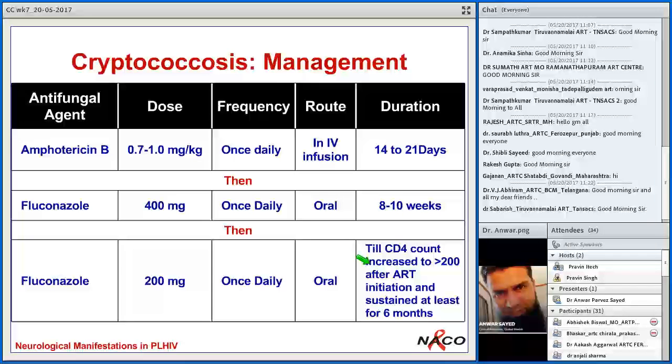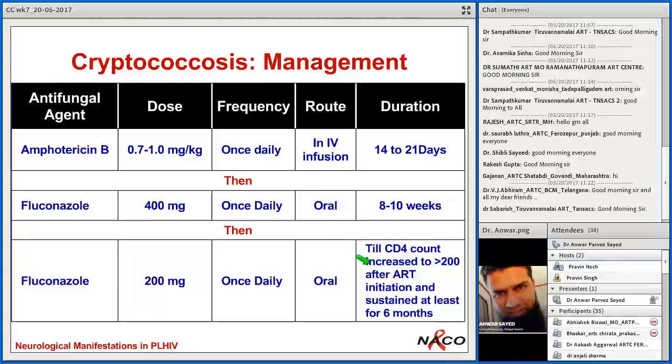Sometimes we give intravenous amphotericin, but the patient does not continue on fluconazole, or if fluconazole is given, it is in the dose of 150 milligram, because that is the most commonly available tablet, and 400 milligram is not given.